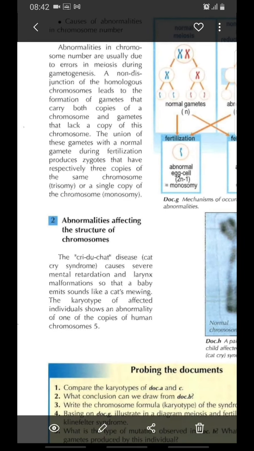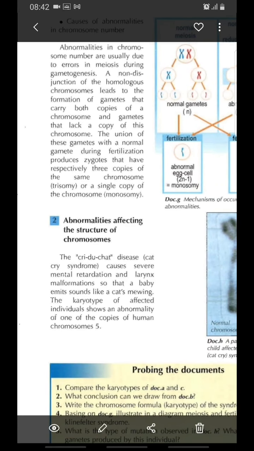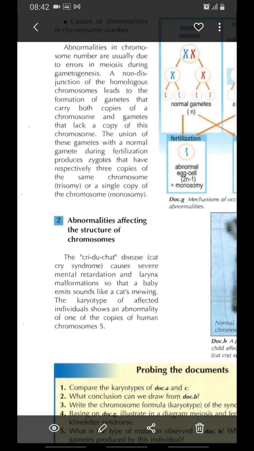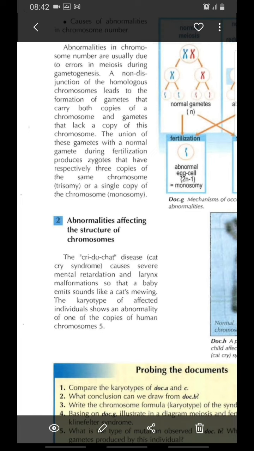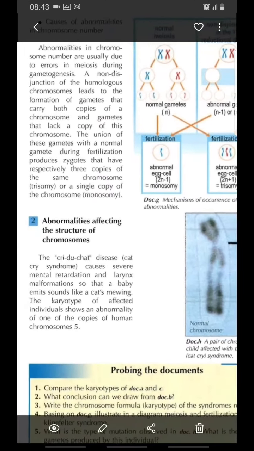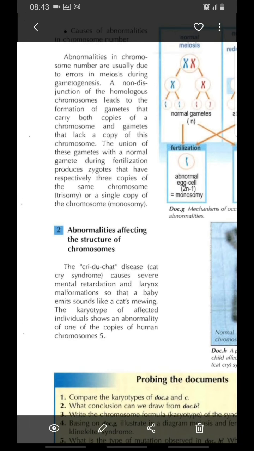The baby starts crying for several hours like a cat without a known reason, and also has mental retardation and larynx malformation. This disease is due to the loss of a part of chromosome number 5. The pair of chromosome number 5 shown in document H, with a child affected, shows that a portion of this chromosome number 5 is lost. So the karyotype shows an abnormality of one of the copies of chromosome number 5.